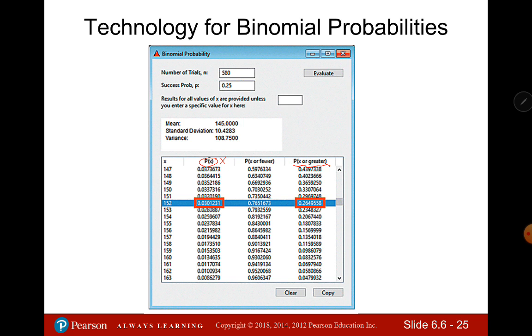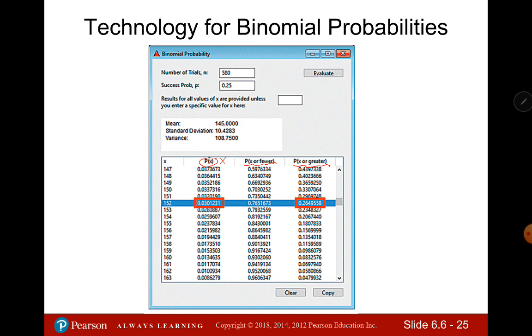Similarly, when we want to talk about whether a single value is significantly low or not, we cannot use the single probability. We should use this column, the probability of x or even smaller than that value. If the probability is less than 0.05, then we can say that value is significantly low.